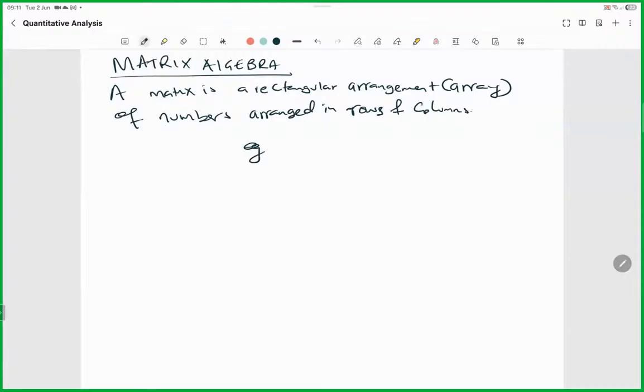For example, we have here 3, 8, 2, 9. This is a matrix. You can see we have 2 rows and 2 columns there.